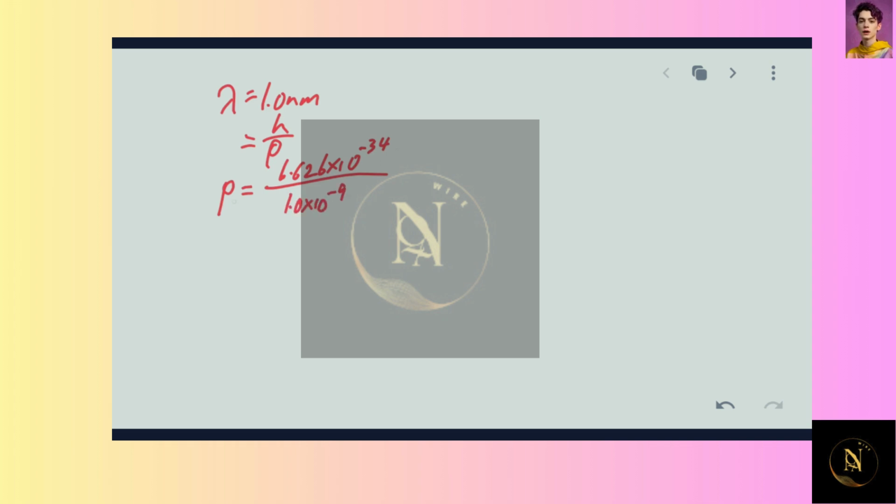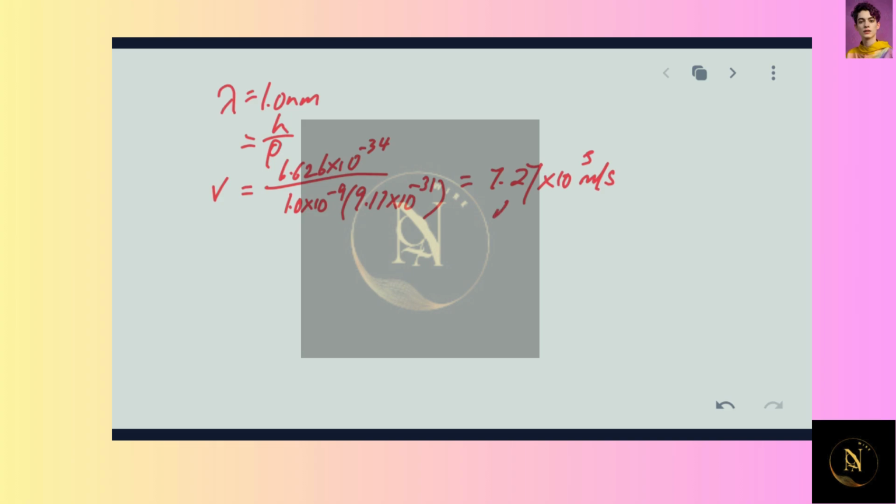Now, of course, we don't want to find the momentum, we want to find the velocity, which should tell us whether it's relativistic or not. So to find velocity, we just divide by the mass. So we need to divide further by the mass of the electron. And this should give us about 7.27 times 10 to the power 5 meters per second.